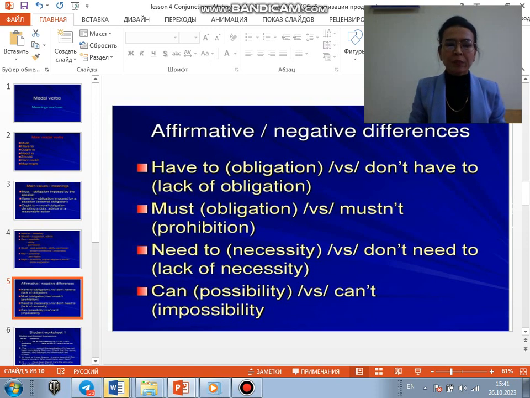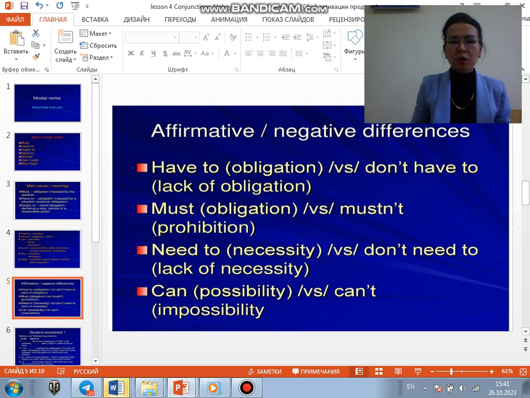For example, have to has an obligation meaning in affirmative form, and don't have to has a lack of obligation meaning in negative sentences.